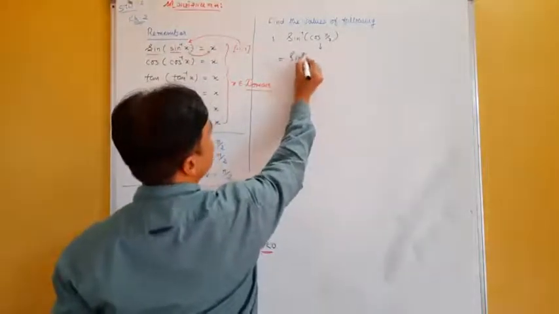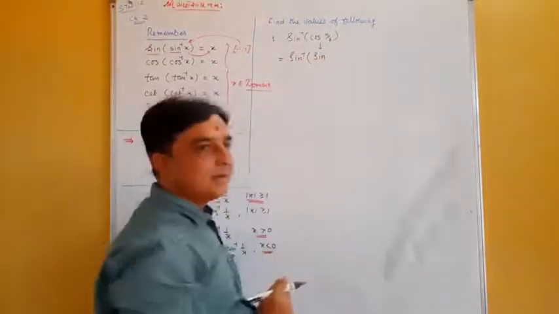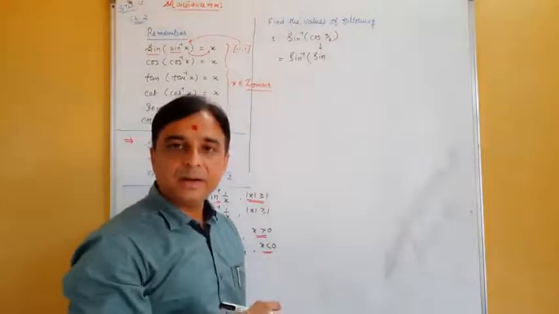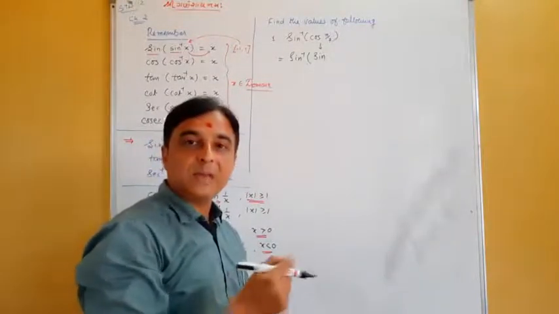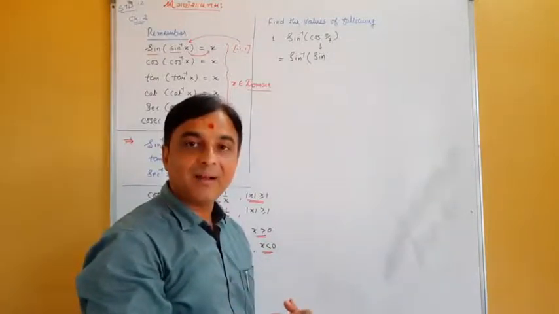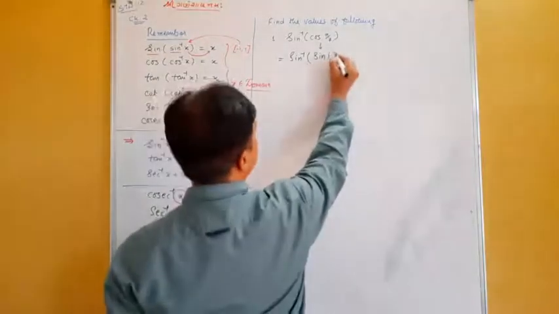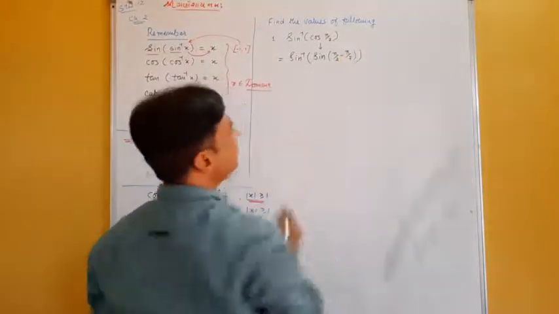So sin inverse cos pi by 7 will be converted using the formula. What is the conversion of cos to sin? That is pi by 2 minus theta. So it will be sin inverse sin of pi by 2 minus pi by 7.